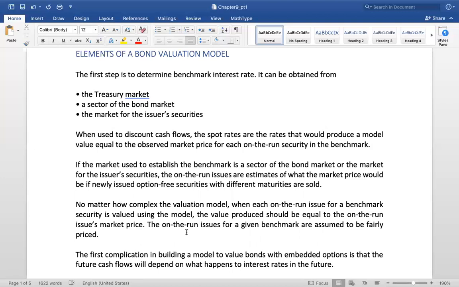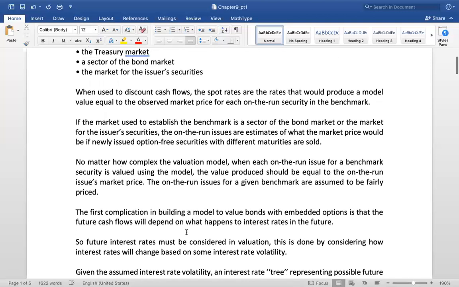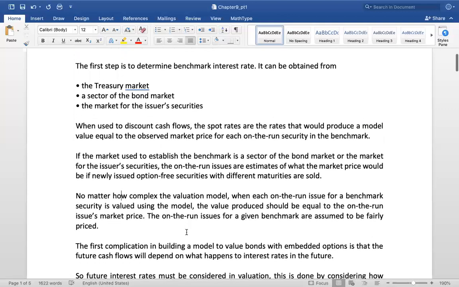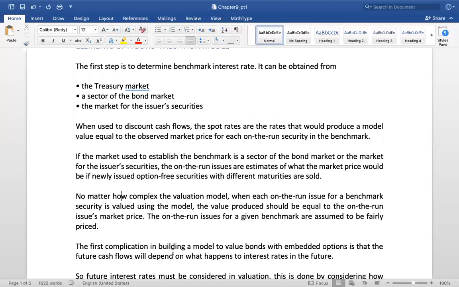The first complication in building a model to value bonds with embedded options is that the future cash flows will depend on what happens with the interest rate, right? So not only the future discount rate, but also the future cash flows are dependent on the interest rate. For example, if it's a call option, its future cash flow depends on whether the issuer is going to call that particular bond or not.